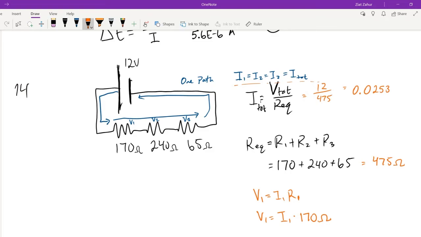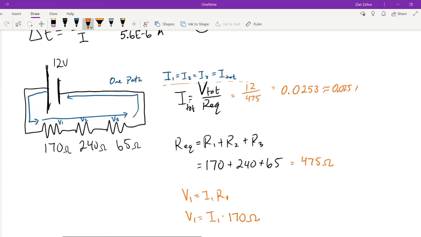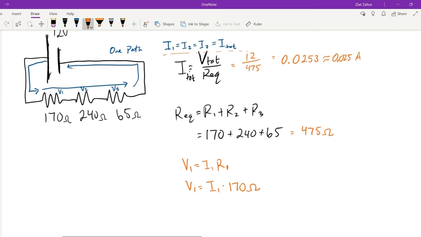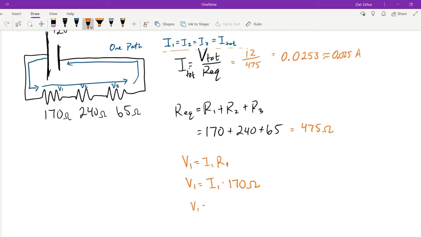Based on the values, I should use 2. So this is approximately 0.025. Okay. So once you know that, you can just multiply 0.025 amps times the 170 ohms of resistance to get the individual value.